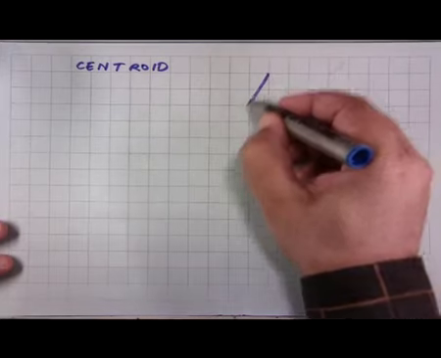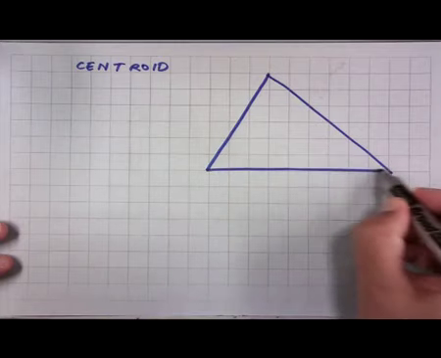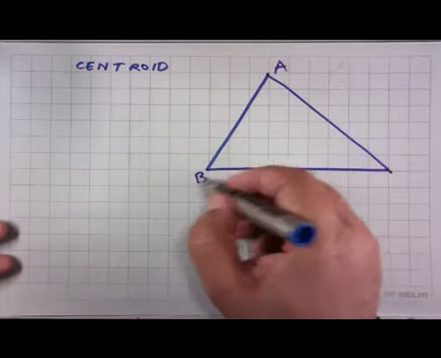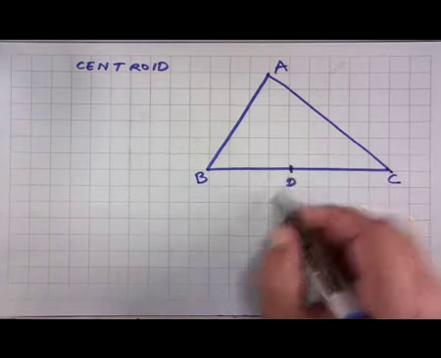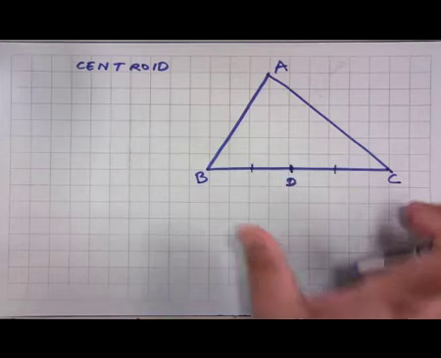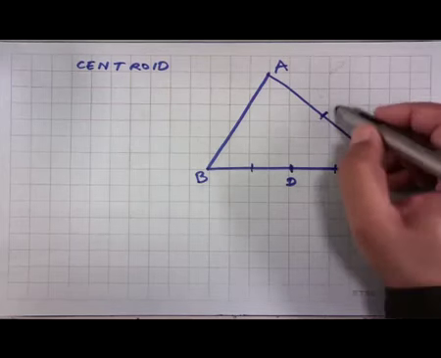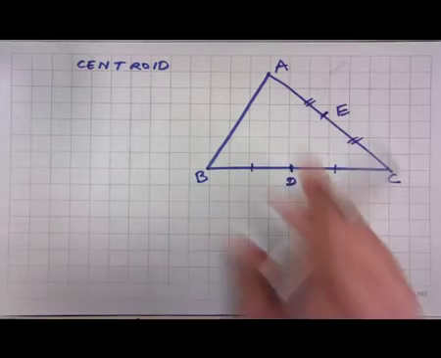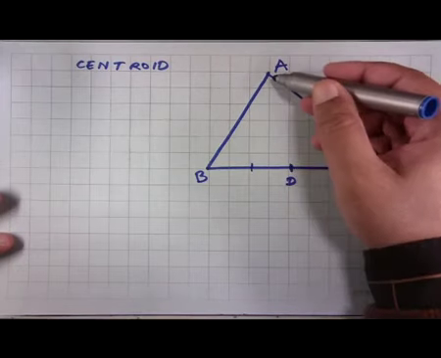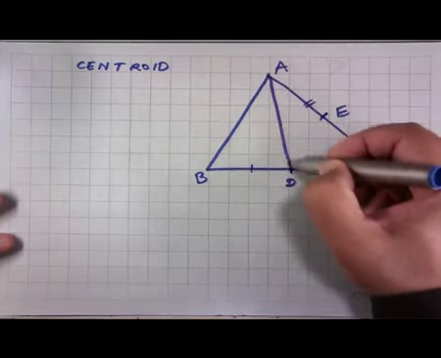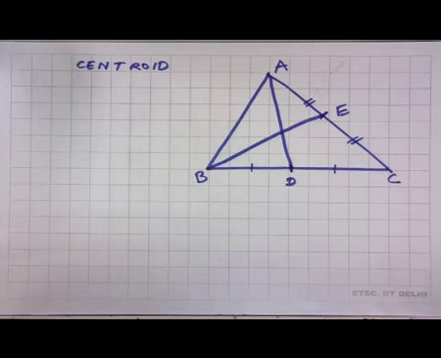So, let us say that this is our triangle ABC, and let us say that the point D is the midpoint of the side BC and the point E is the midpoint of the side AC. Let us connect each midpoint to the opposite vertex of the triangle with a straight line. These two straight lines are called medians.